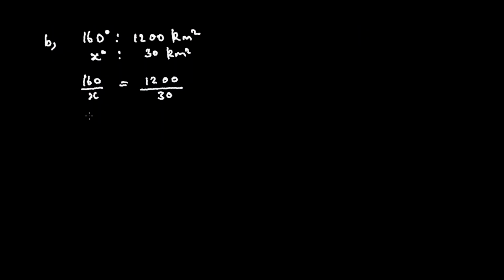Saka after cross multiplication, x inenge iri equal to 30 multiplied by 160 over 1200. Make sure please that your calculator is in degrees, because answer yedu is in degrees, not radians.